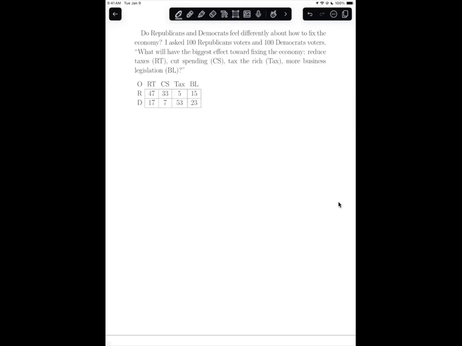So we first need to determine the appropriate test situation. And so we have two samples, the 100 Republican voters and the 100 Democrat voters.